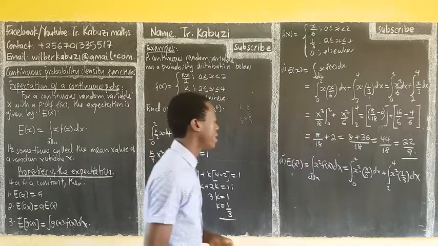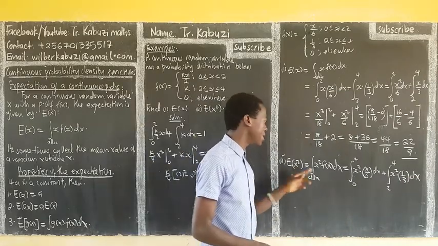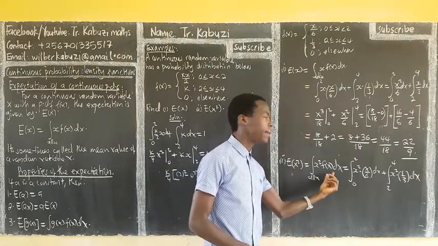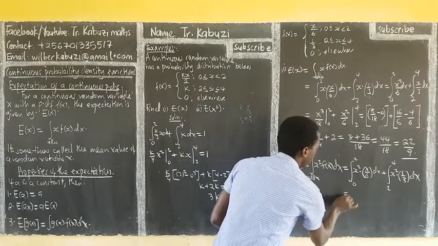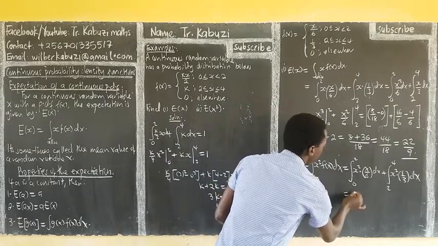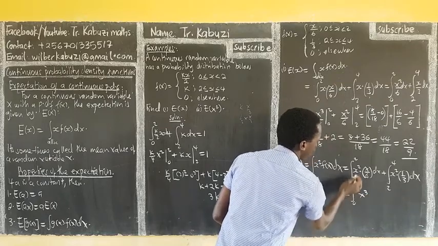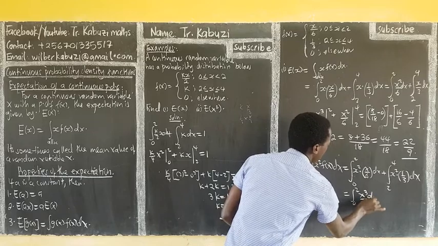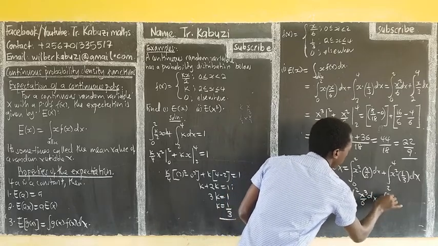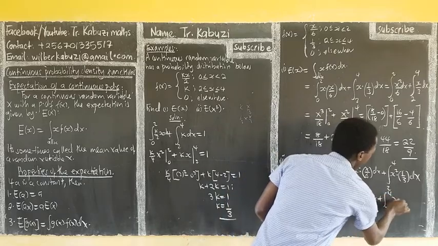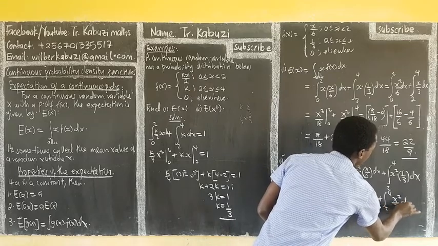You always multiply by the probability function. So this will be the integral from 0 to 2 of x cubed over 6 dx, plus from 2 to 4 of x squared over 3 dx.